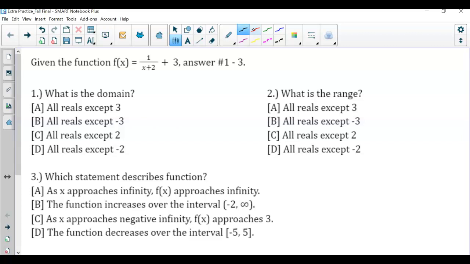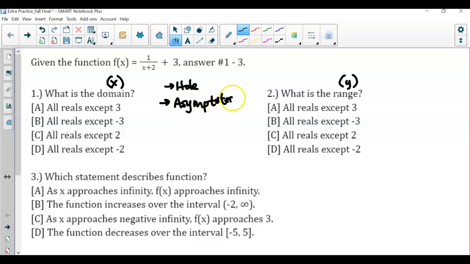Now, before we take a look at Desmos, remember your domain and range. The domain is always the x values, and the range is always the y values. So here, for the domain and range, we're saying it's all reals except for which of the values. Remember that our rational function, like this one, does not exist at the hole and at the asymptotes.